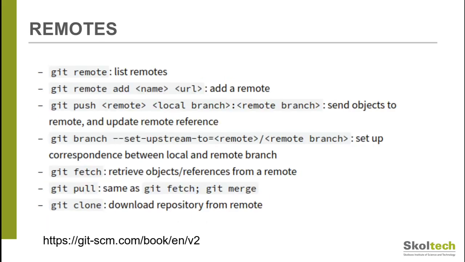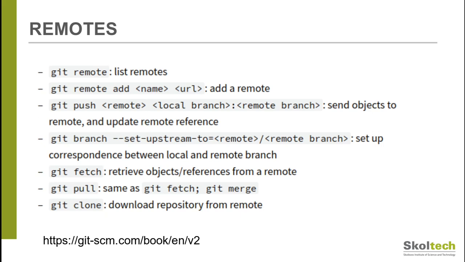Let's talk about commands which you will utilize to work with remotes. Git is a tool to share your work with others. And to share your work with others, it is needed to push your changes and your code to some server. That's called a remote.